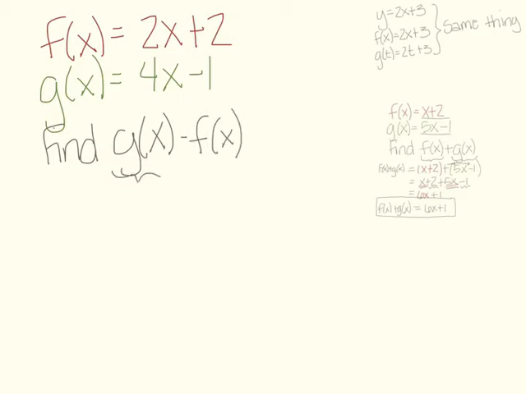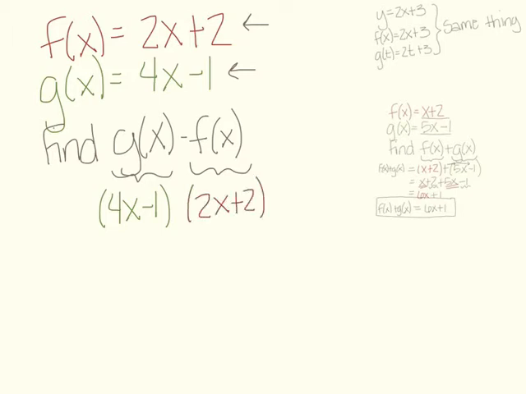So we'll replace g of x with what it's worth, which is 4x minus 1. And we will replace f of x with what it's worth, which is 2x plus 2. And we're going to find their difference.